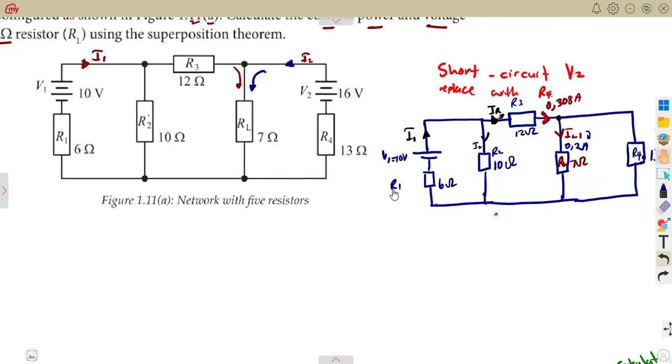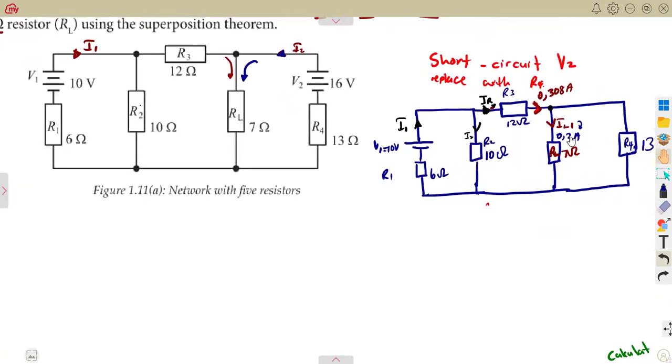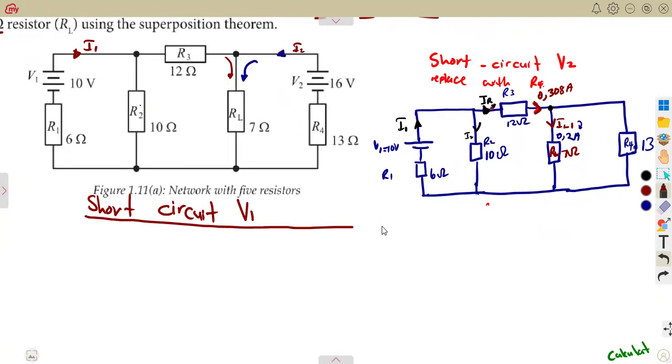Remember this one, it was for V2 where we calculated this one. So this time we have to short circuit V1. So if you started with V1, it's fine. It's up to you.